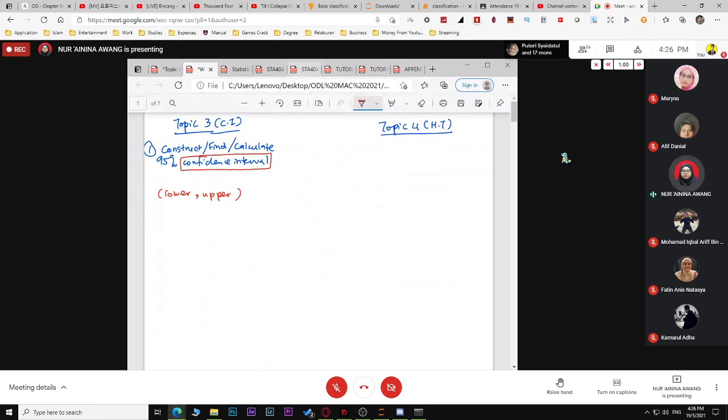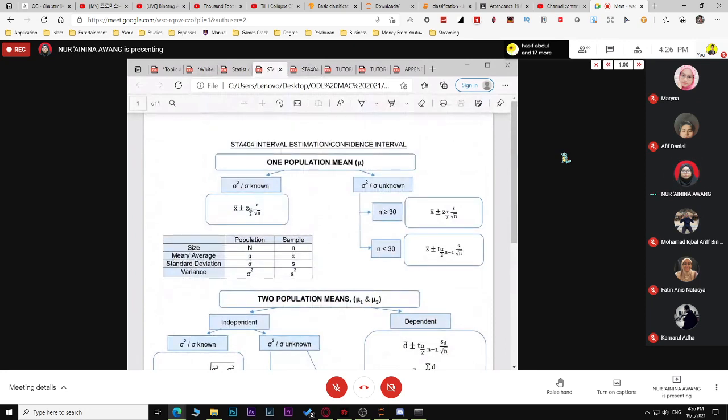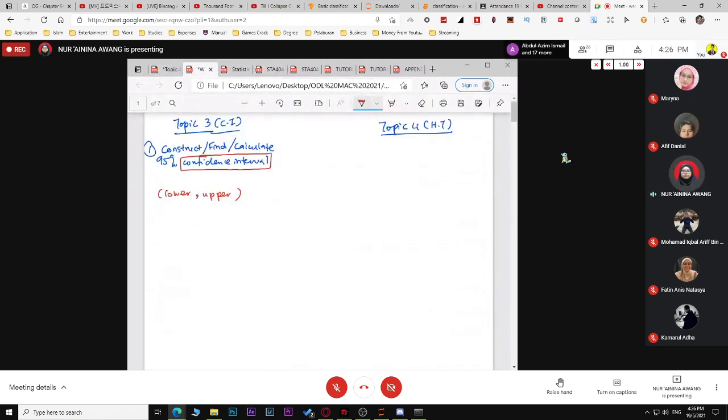So which formula you will use is based on this one, the confidence interval formula, which has plus minus your margin of error. But for topic 4, the questions will ask you to test at 5% significance level, or they say at 5% level of significance, test something.